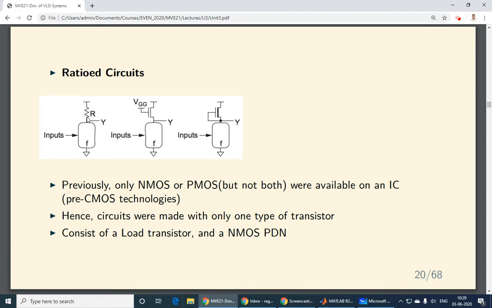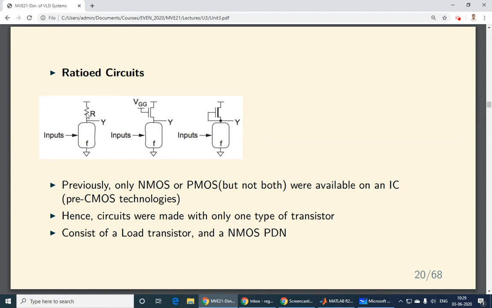This will always be conducting when the pull down network is conducting, and when the pull down network is not conducting, this is an open circuit. That is the resistor's functionality. The advantage is that it requires only NMOS transistors. The inputs are only given to NMOS transistors, not to any other transistors.